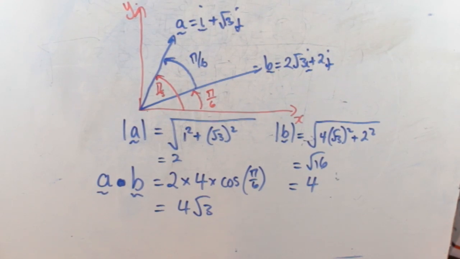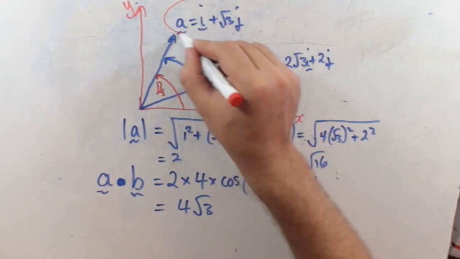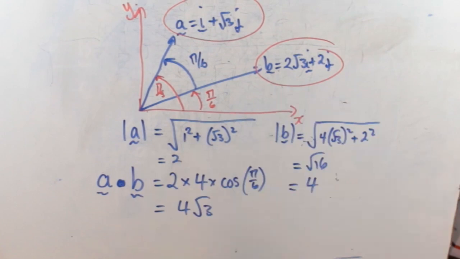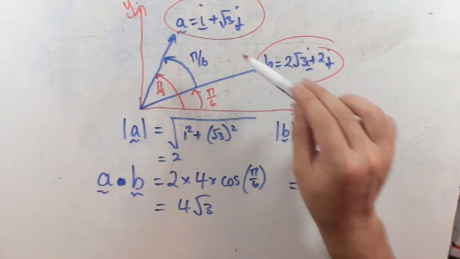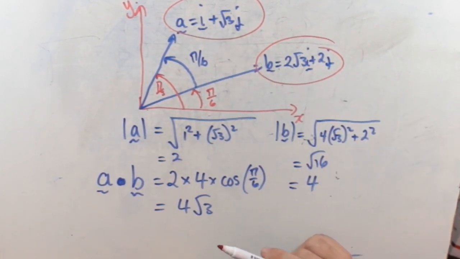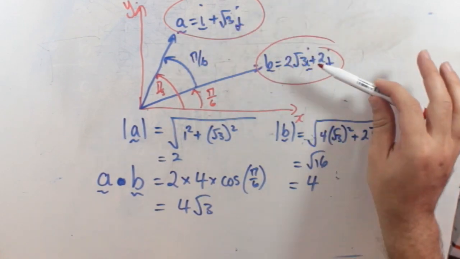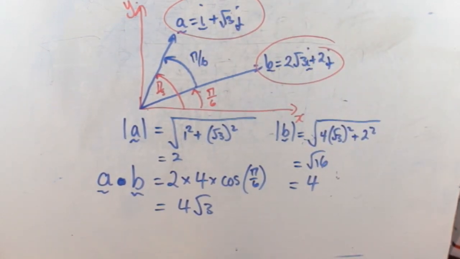Because this is in ij notation up here, this is a really wonderful thing. I can take the i components, multiply them together, take the j components, multiply them together, and then just add up the solution. And that also gives us a dot product.